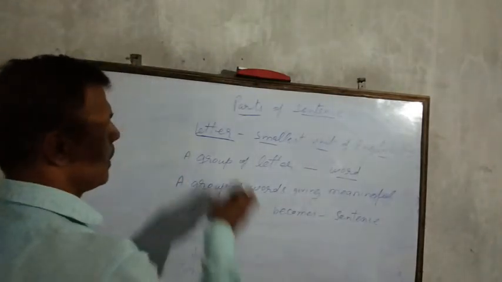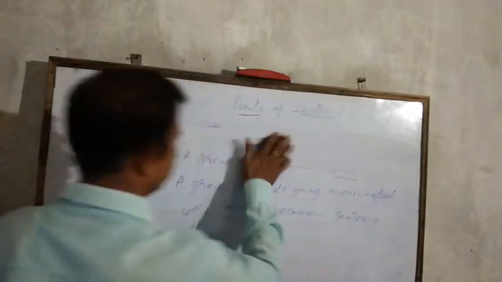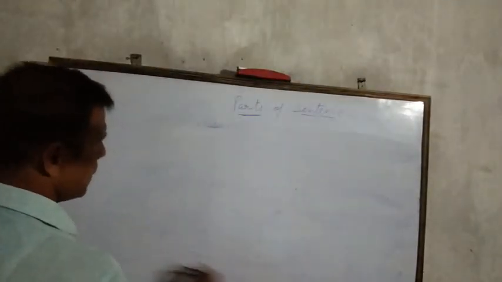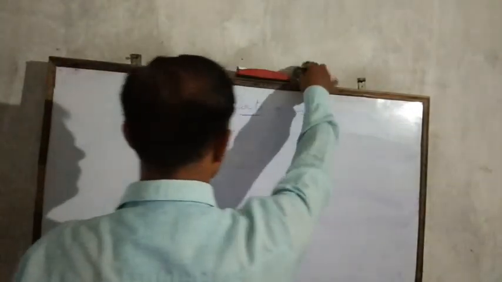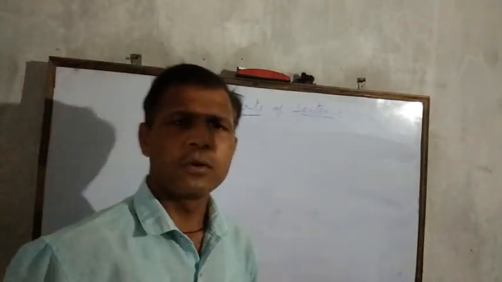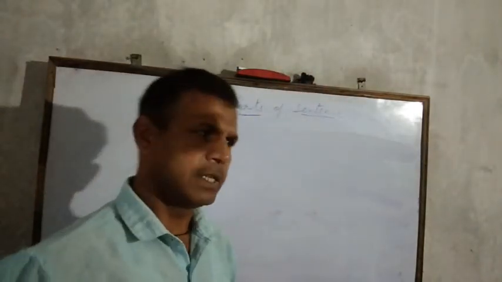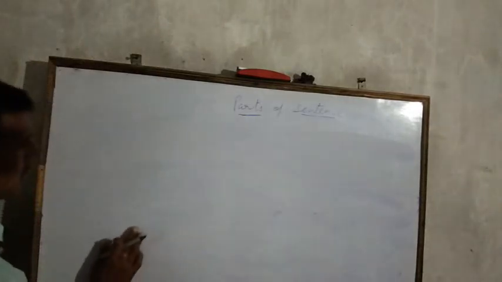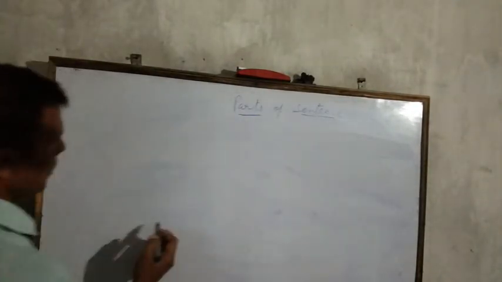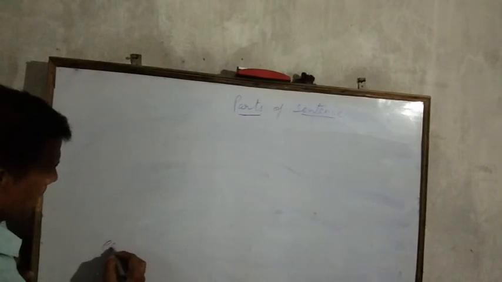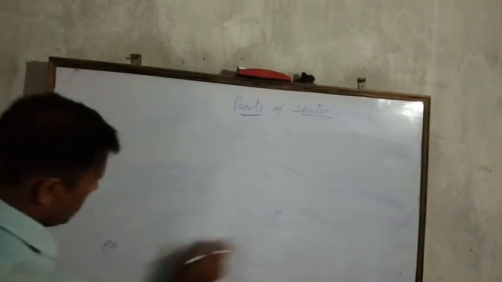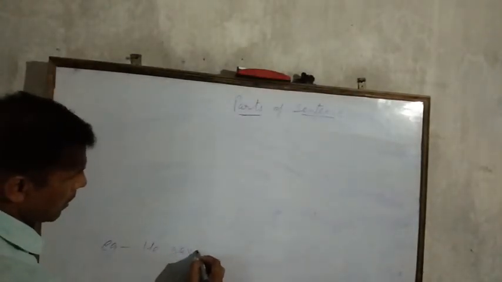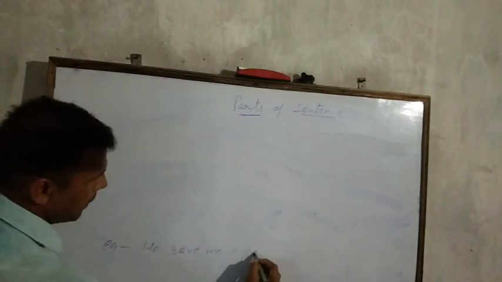So in this way a sentence takes place. Now we will discuss sentence. Actually, a sentence is a group of words that gives a meaningful sense. For example, here is an example: He gave me a pen.